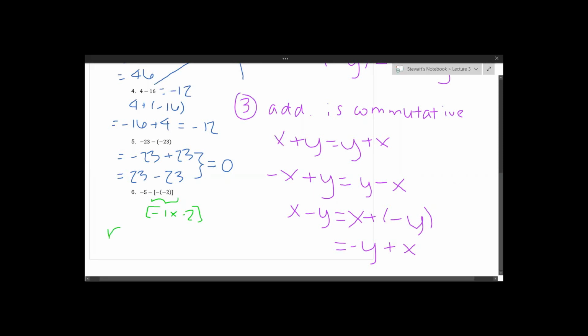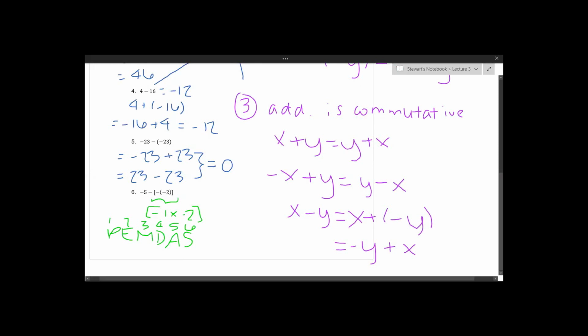Remember PEMDAS, or please excuse my dear Aunt Sally. Parentheses is first, then exponents, then multiplication, division, addition, subtraction.